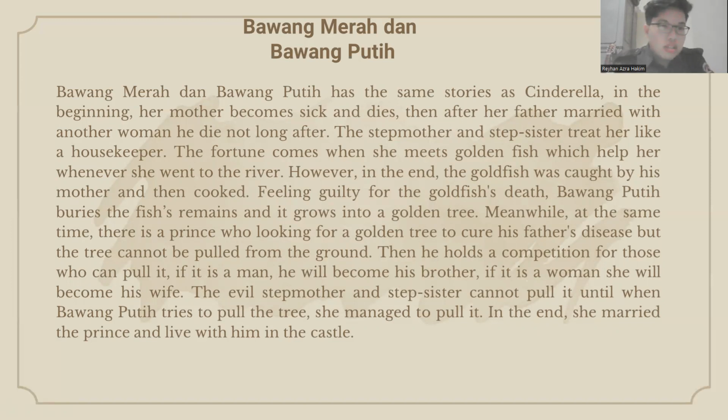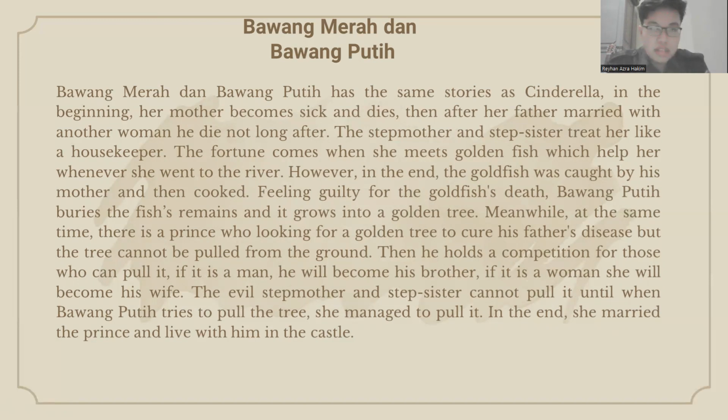Meanwhile, Bawang Putih is helped by a magical golden fish. However, in the middle of the story, the golden fish was caught by her stepmother and then cooked. Feeling guilty for the goldfish's death, Bawang Putih buries the fish remains and they grow into a golden tree.